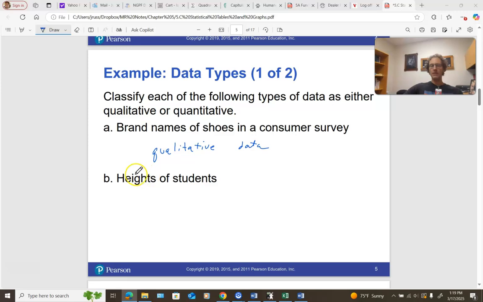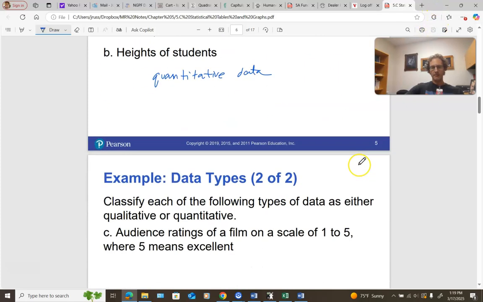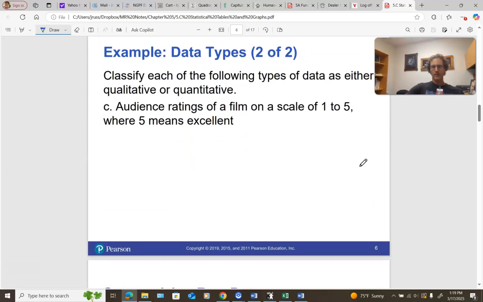Look at part B, heights of students. So these are measurements, okay? So this is quantitative data. All right, and then this last one's a bit tricky, but we need to see it. It's the same type of question.